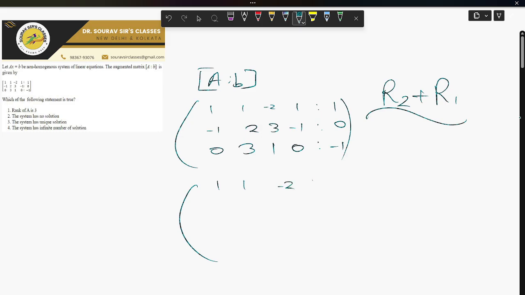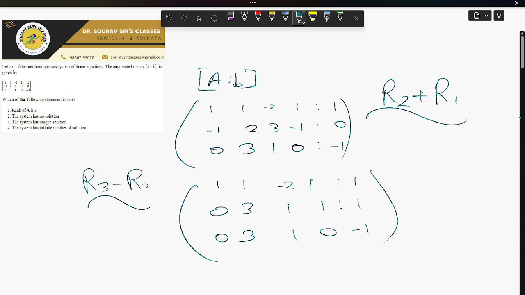1 1 minus 2 1 | 1. Then we will get 0, and that will be 1 plus 2, so that will be 3, 1 and 1 | 1. And our last row is this: 0 3 1 0 | minus 1. Okay, so we are getting minus 1 here. So now what can be done? We can apply R3 minus R2.